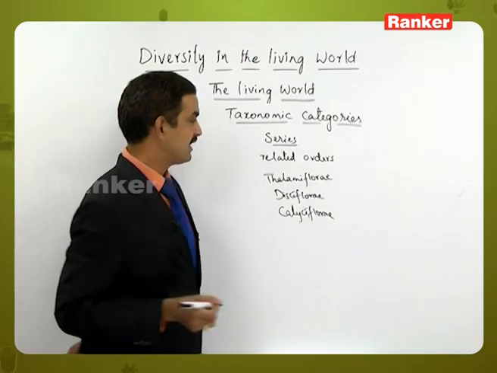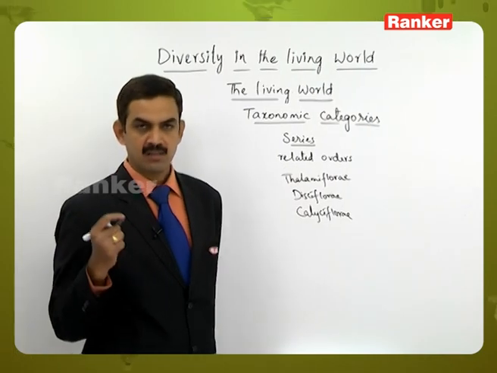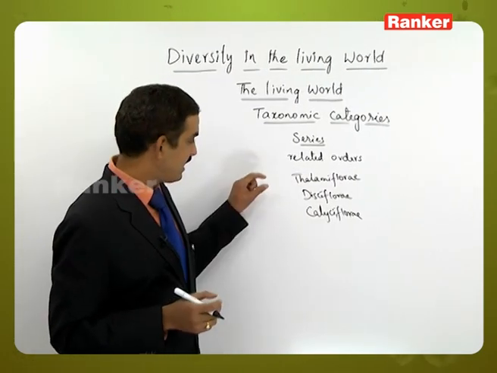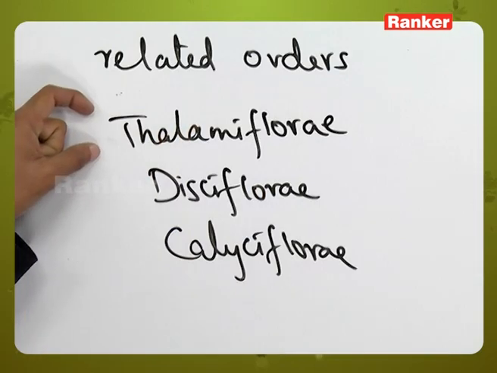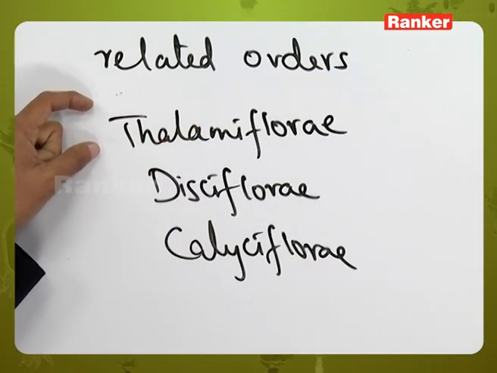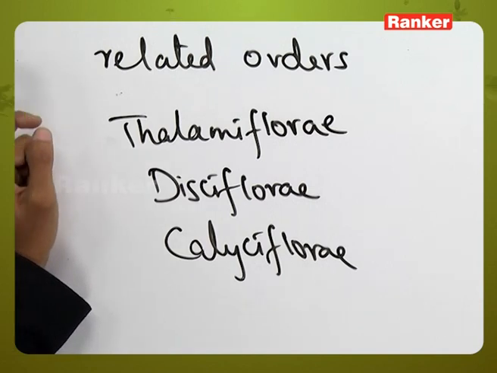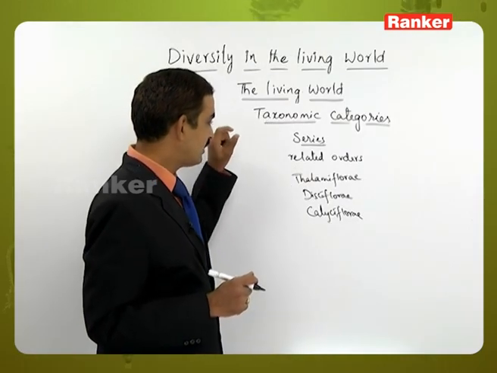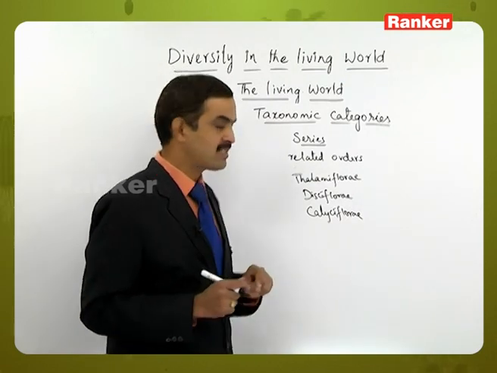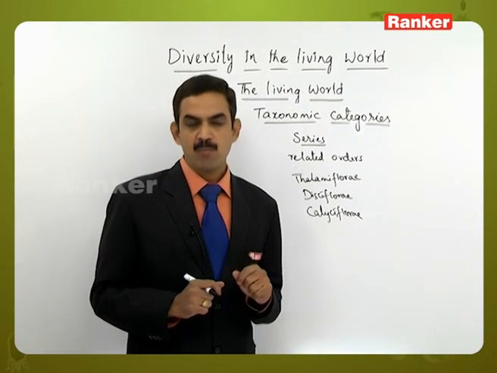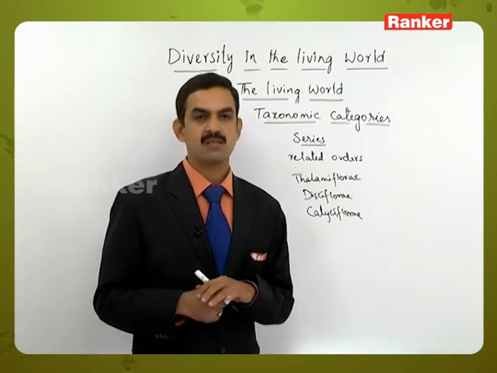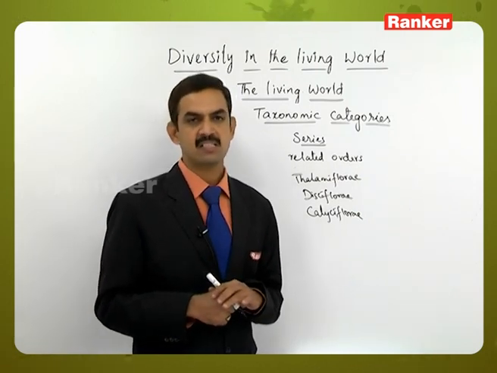Likewise, these are the series which have been given names in the classification of plants. One series may contain various orders, and those orders will show at least a few similarities. And when we compare the similarities between the orders of the series and within the order, more similarities are present within the order when compared to the orders present in one series.